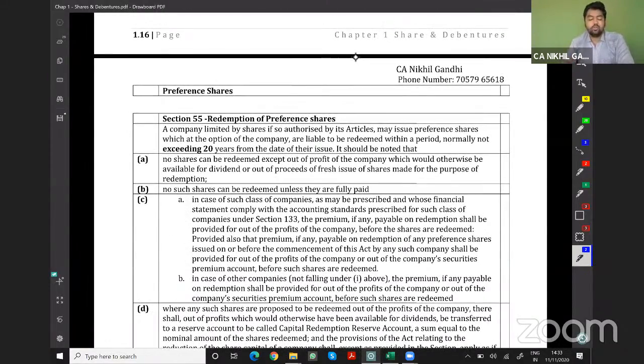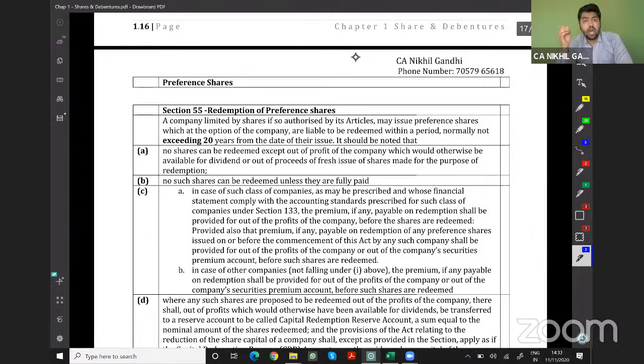Now we are jumping to preference shares. Redemption of preference shares: a company limited by shares, if so authorized by its articles, may issue preference shares which at the option of the company are liable to be redeemed within a period normally not exceeding 20 years from the date of issue.